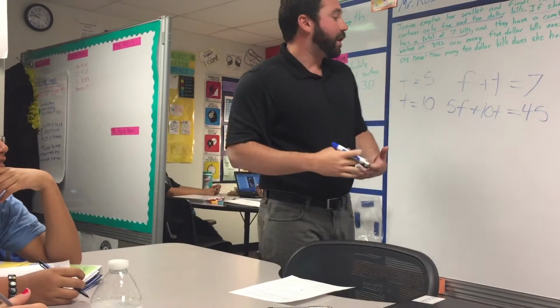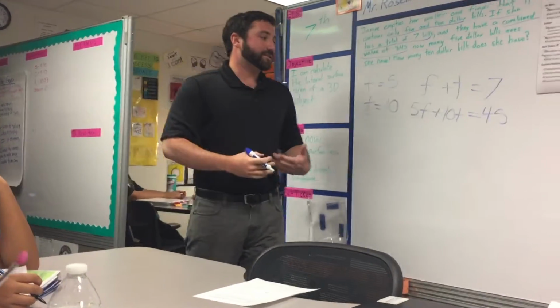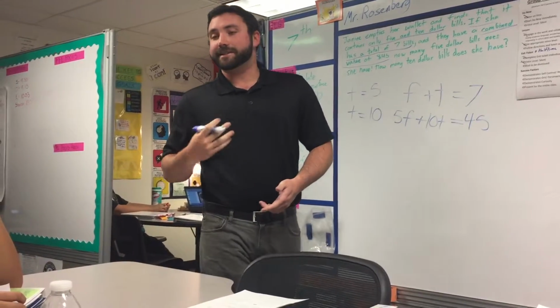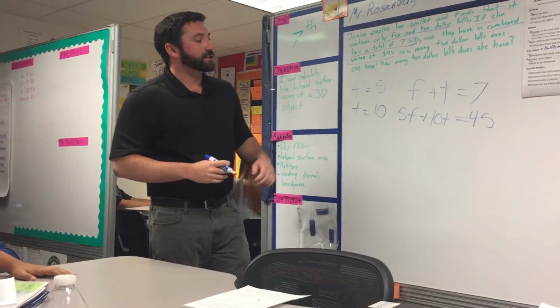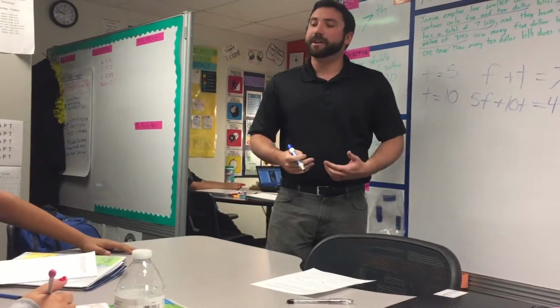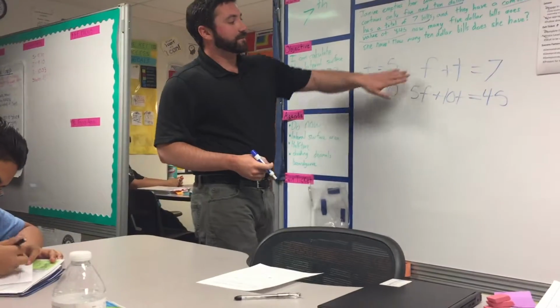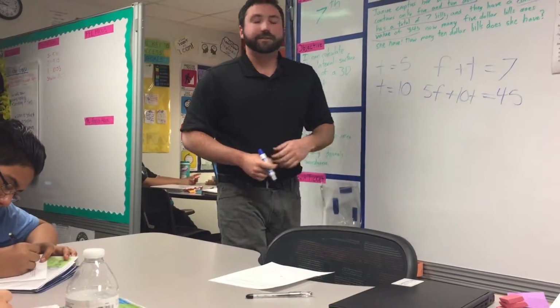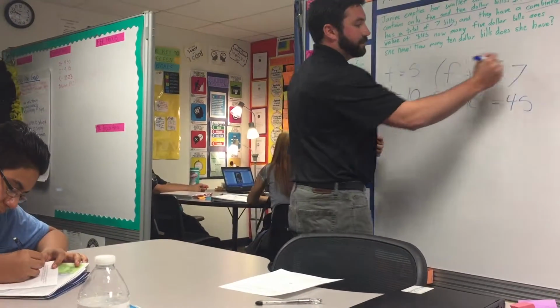So now we can solve using elimination, right? If I want to solve this using elimination, first we need to make a 0 pair. So which variable do you guys think we should eliminate? F or T? F. Yeah. It doesn't matter which one we eliminate, but I think that F would be a little bit easier to eliminate. So what should I multiply this equation by to make a 0 pair for F? A -5.